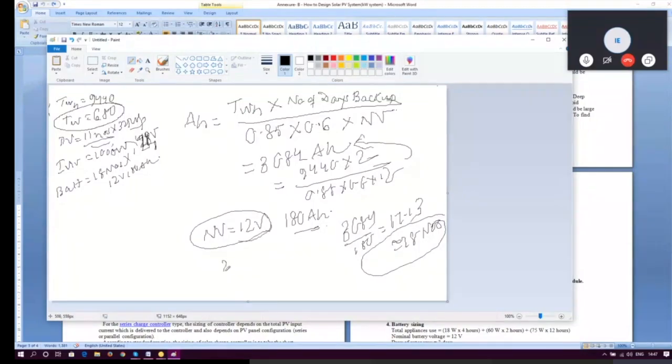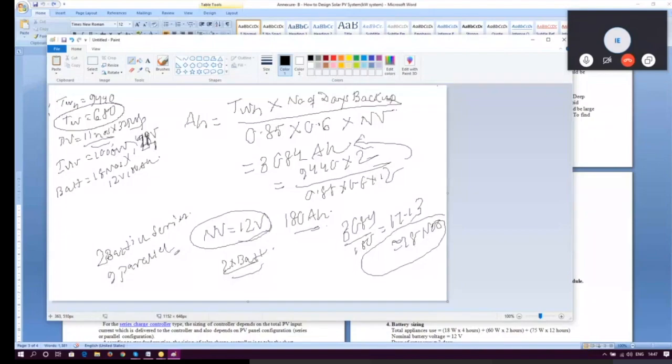So we need 2 batteries to get 24 volt, right? So in this case, we will have 2 batteries in series and 9 parallel strings. So the connection would be 2 batteries in series with 9 parallel strings.